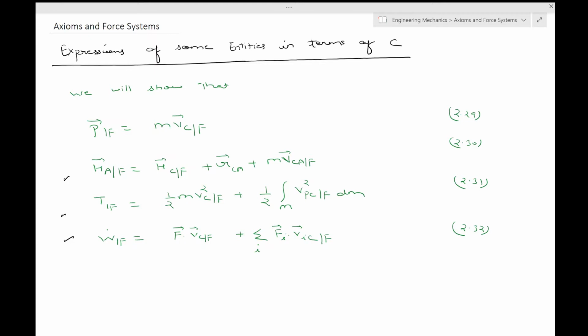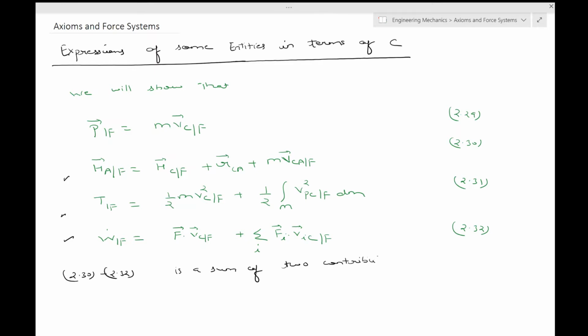The first one is as if the body were hypothetical, so these three, 2.30 to 2.32, is a sum of two contributions.